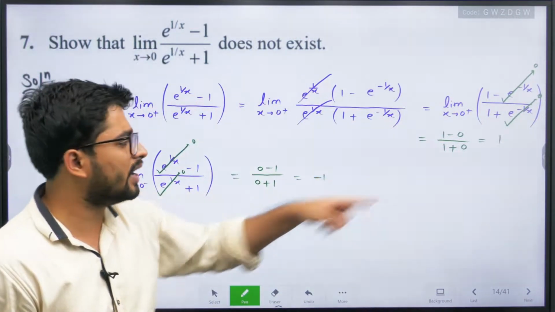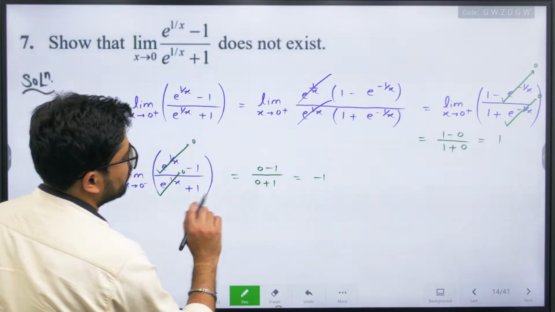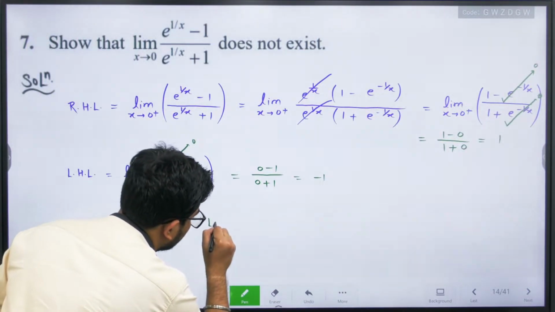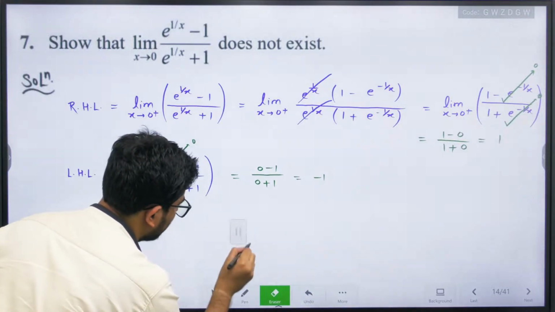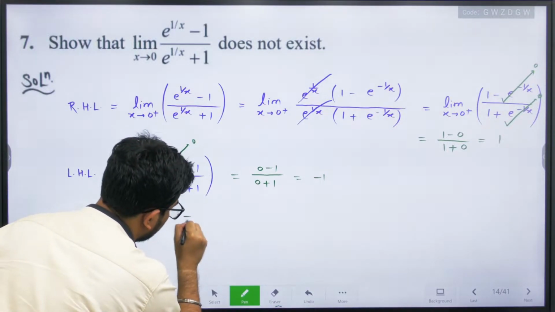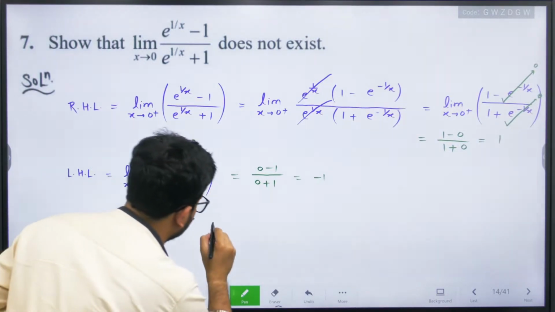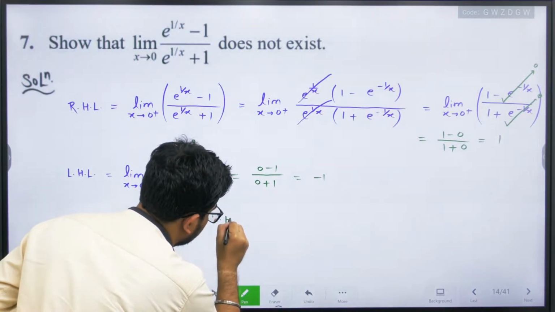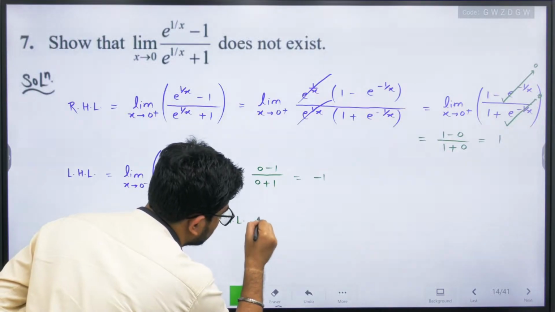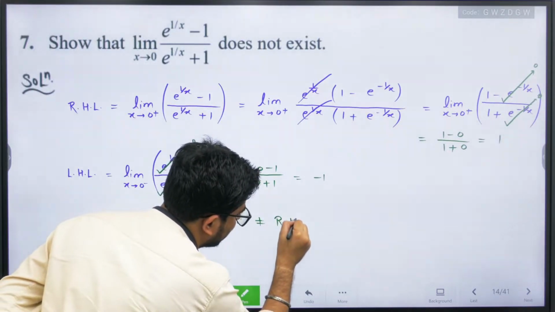The right hand limit is 1. So you can say the left hand limit is not equal to the right hand limit.